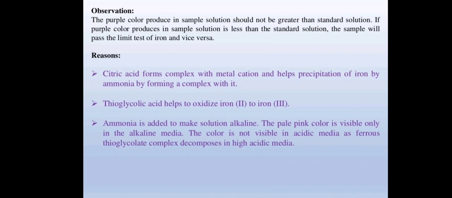Here iron gets precipitated in the form of ferrous hydroxide and ferric hydroxide, depending upon the oxidation state of iron. In the presence of ammonia, citric acid forms a complex with iron and prevents the precipitation of iron with ammonia. The color produced is due to the formation of a ferrous compound with thioglycolic acid. This is stable in the absence of air and the color fades when exposed to air due to oxidation.